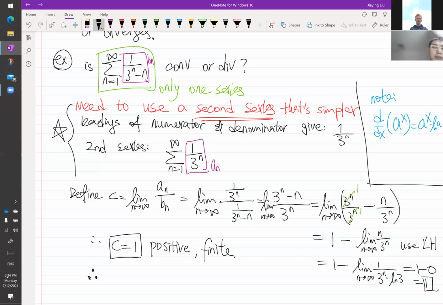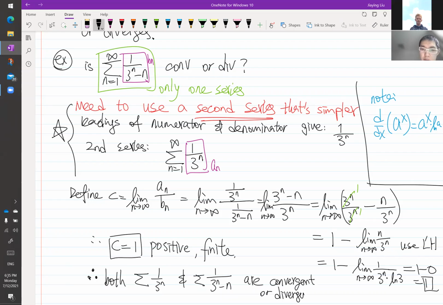According to this test, we can say both series, 1 over 3 to the n and 1 over 3 to the n minus n, are either both convergent or both divergent, but we don't know which.